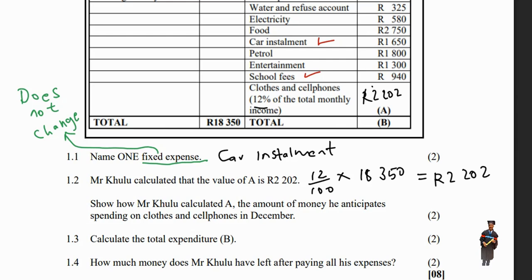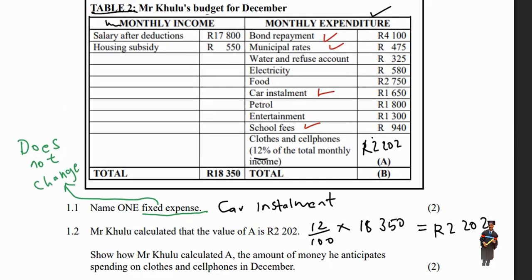We said we are going to get the total expenditure by adding all these amounts, and please don't forget to include the amount that you have calculated yourself, the value of A. So when we put all this money together, what are we getting?